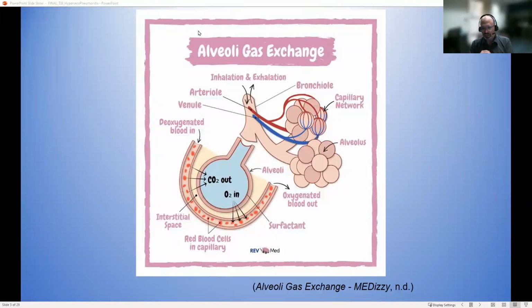So it said interstitial lung disease. In the bottom left of the picture is the alveoli, and the interstitial space, this cream-colored space between the capillary network and the alveoli, is supposed to be about one cell in thickness. The challenge here is a chronic inflammatory response that now thickens that layer.